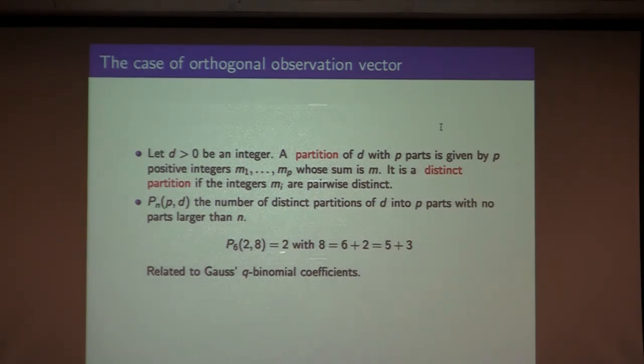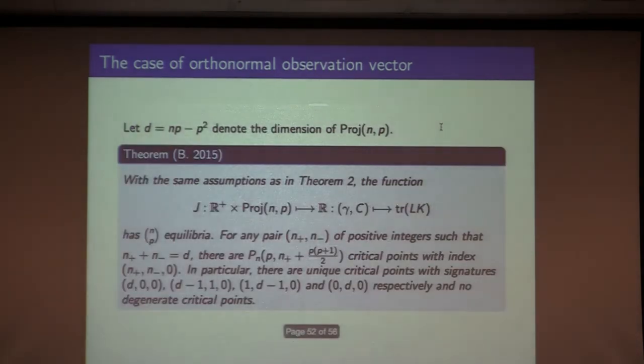Here is an example: P sub 6 of 2, 8, so partitions of 8 into 2 parts with no parts larger than 6. There are only 2: 8 as 6 plus 2 or 5 plus 3. You cannot use 7 plus 1 because 7 is larger than 6, and you cannot use 4 plus 4 because that repeats a number. So you only have 2, and here they are. These are related to what are called Gauss's q-binomial coefficients.